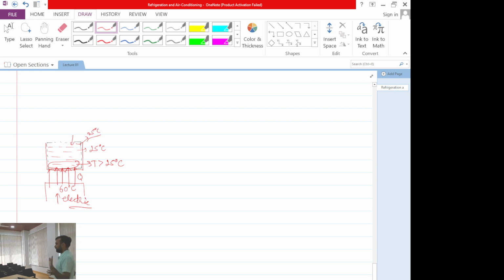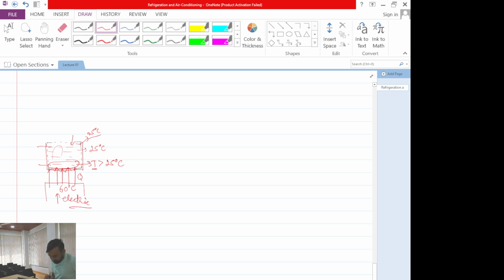Now, once you start the heating process, within the water itself the bottom layer has one temperature and the top layer has another temperature. So, because of the temperature difference, of course, internally also there will be some transfer of heat.